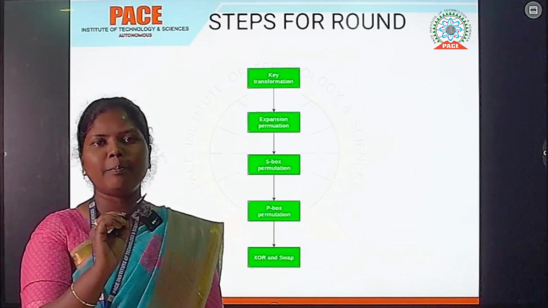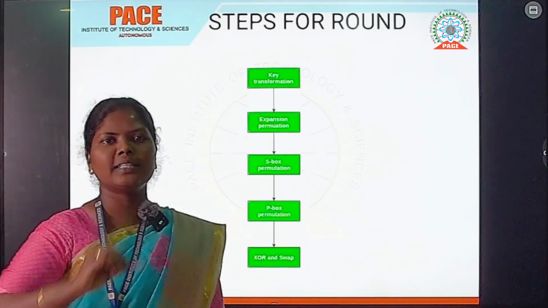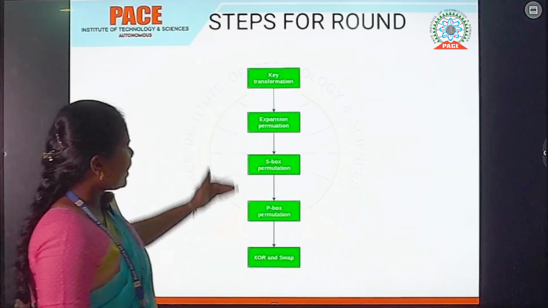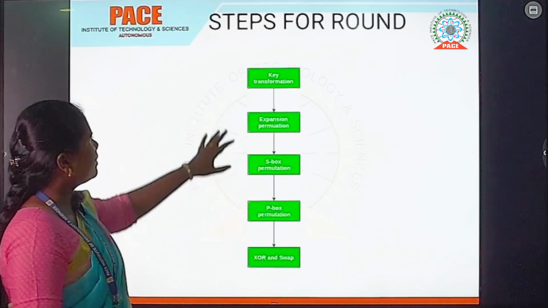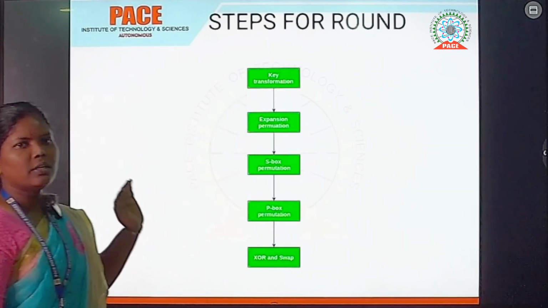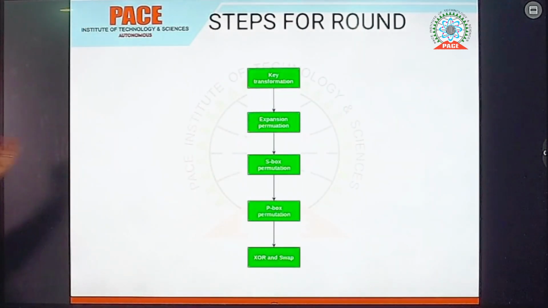First one is key transformation, expansion permutation, S-box permutation, P-box permutation, finally XOR and swap. 5 steps we are having in each round. For each round, we are going through these 5 steps. That is the overall steps for each round. That is the DES algorithm.